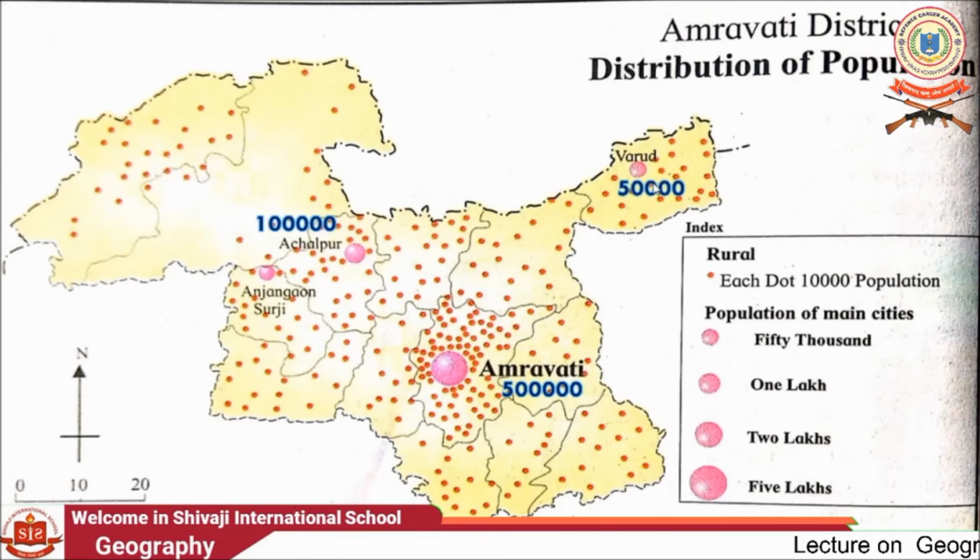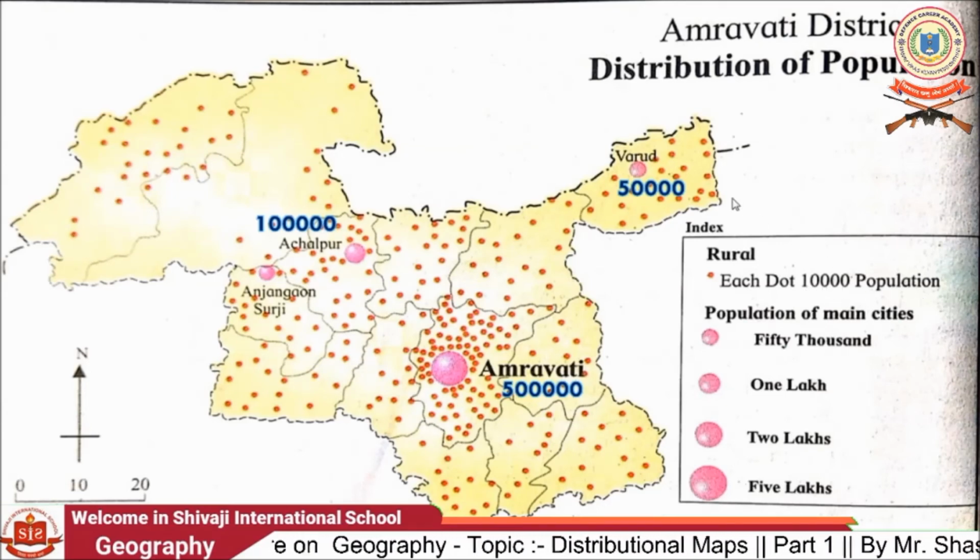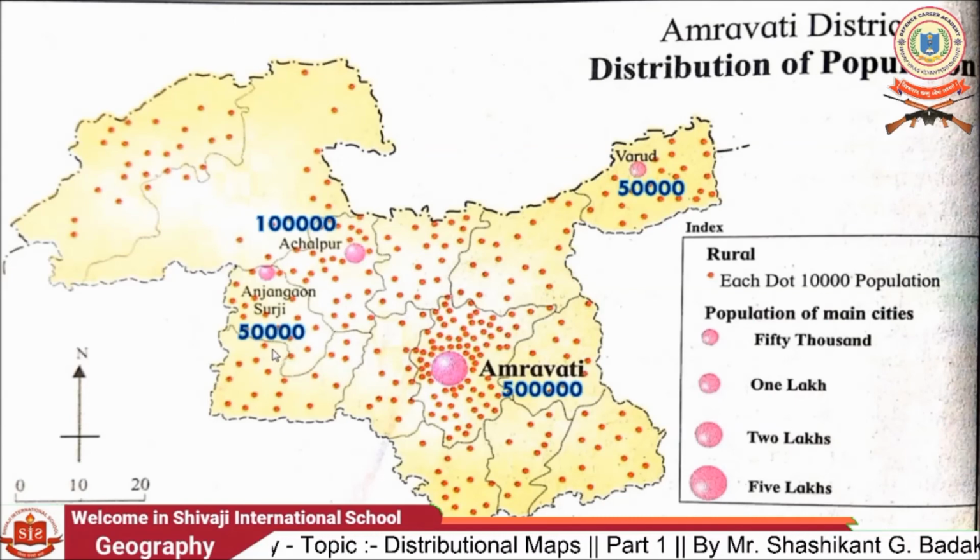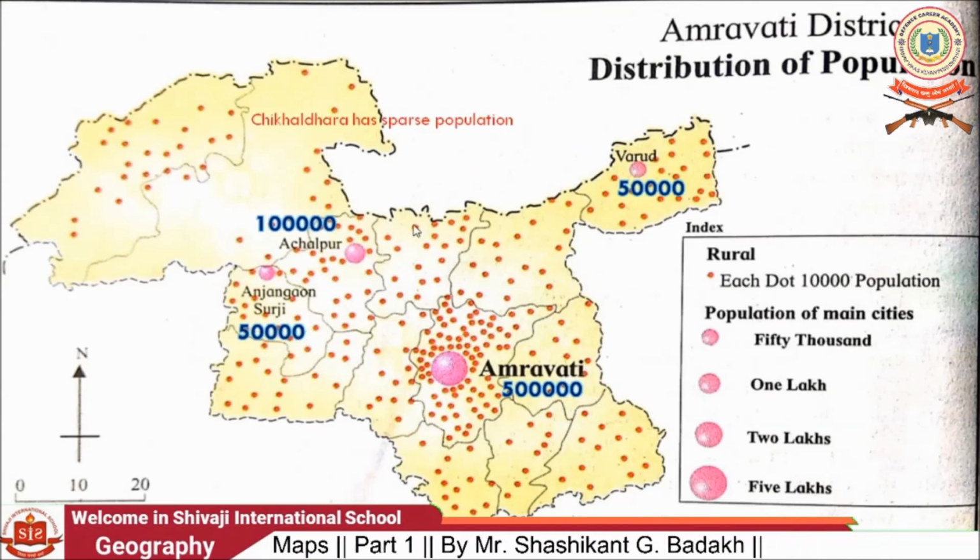Then see Warud city's population, which is 50,000. This circle shows the 50,000 population, and each dot shows 10,000 population. Okay. Then Anjangaon Surji also shows 50,000 population. Then one more important thing you have to observe here: Chikhaldara has a sparse population.